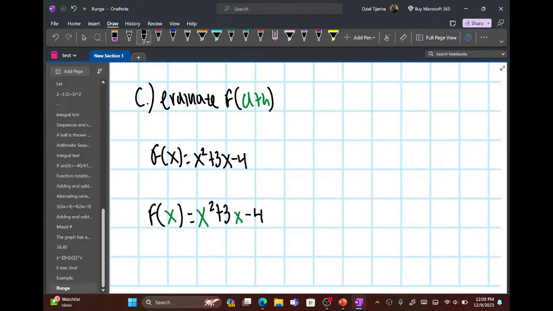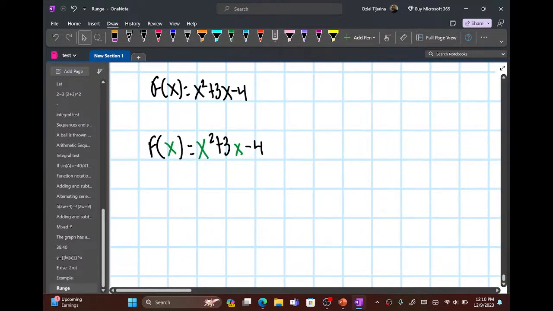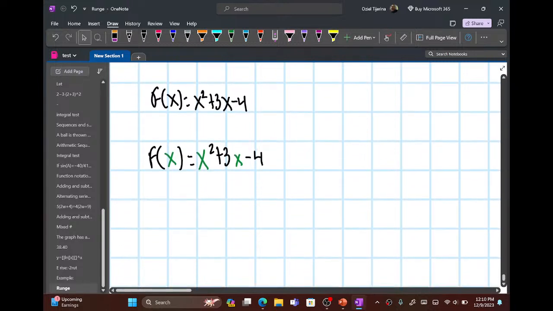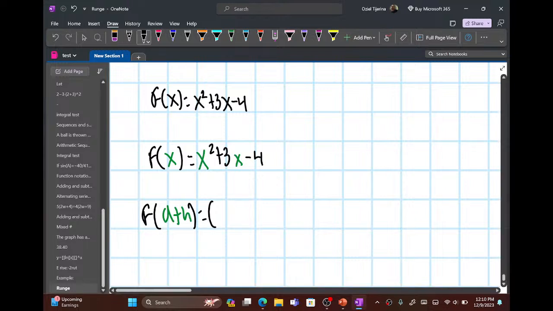Now, we're going to go ahead and do the following. So now f of a plus h, we're going to put the following in here. The quantity, I like to put the quantity, when I say parentheses, I always say the quantity.